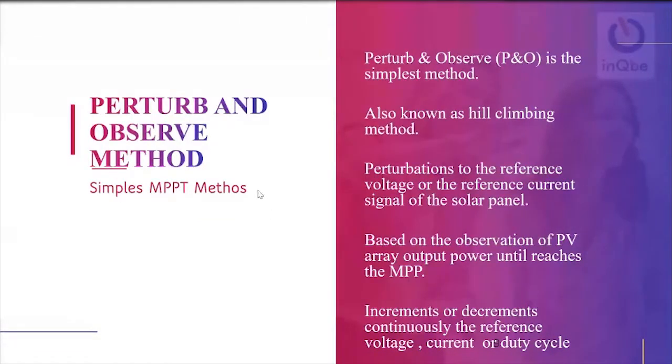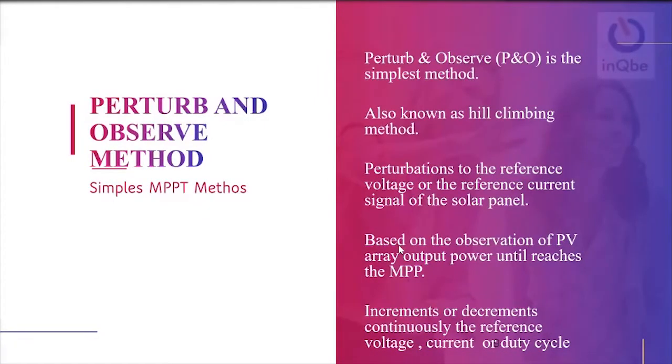That method is comparatively simpler but slower than the other, faster, intelligent methods. Perturbation can be done either in duty cycle or in operating voltage, depending on the operating method. A different delta change in duty cycle will be applied.